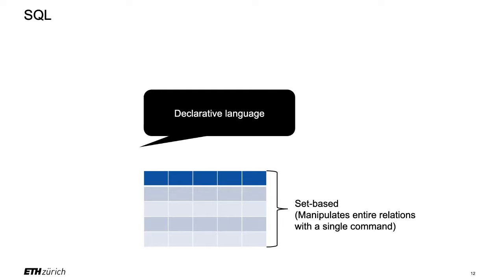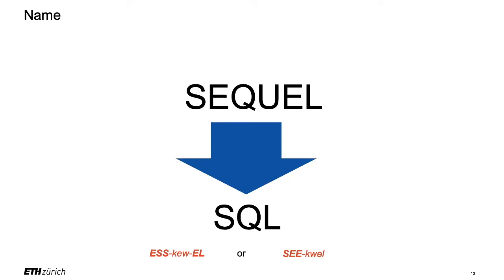In SQL, you can return an entire table with a million records in there, and all of that as the result of one query. So this is why we say it's set-based. But of course, set-based is a generic term, but you could also kind of say bag-based or list-based if you prefer. But really what is meant here is as opposed to manipulating one single value at a time.